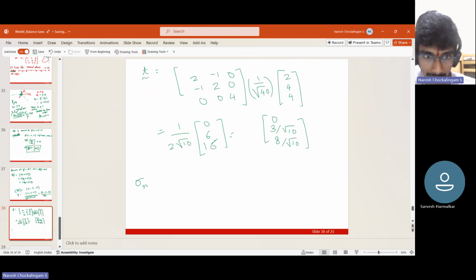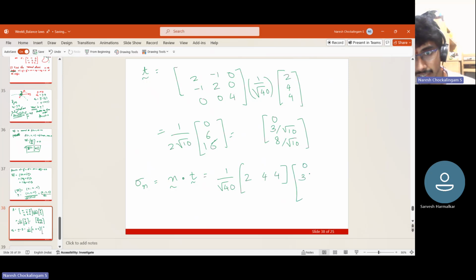What is the next step? We want sigma n, which is n dot t. So this is another 1 by root 40, 2, 4, 4. The dot product I can write as a row vector multiplied by a column vector, 0, 3 by square root of 10, 8 by square root of 10. This is 1 by root 40, 1 by root 10 of 2 zeros are 0, plus 4 times 3 is 12, 12 by root 10, plus 4 times 8 is 32, 32 by root 10.